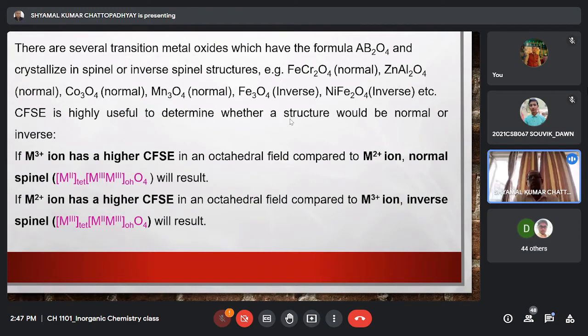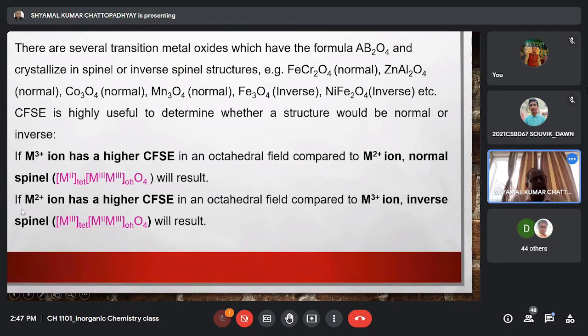And if there is no CFSE at all for both the metal ions, then again it will have a normal spinel structure. So if the M3 ion has a higher CFSE in an octahedral crystal field compared to the M2 ion, it will have a normal spinel structure.